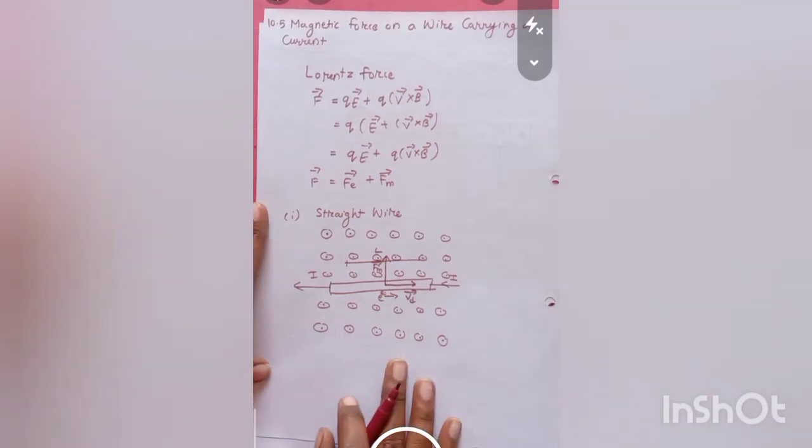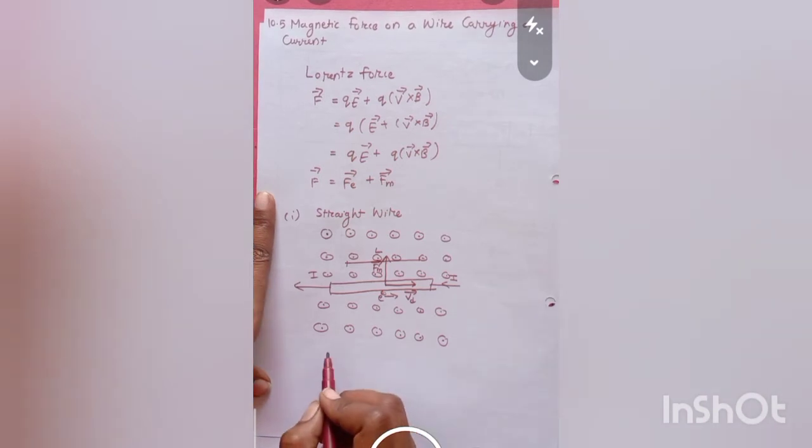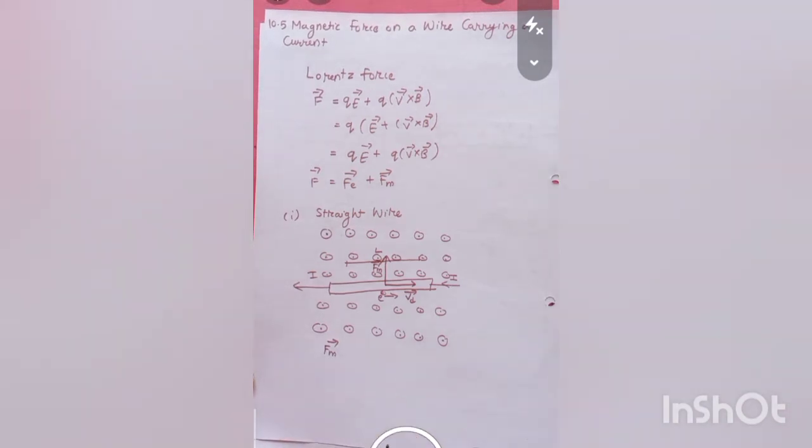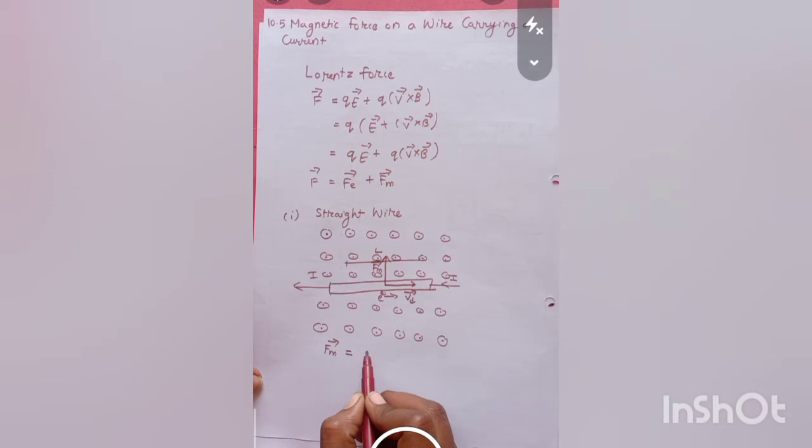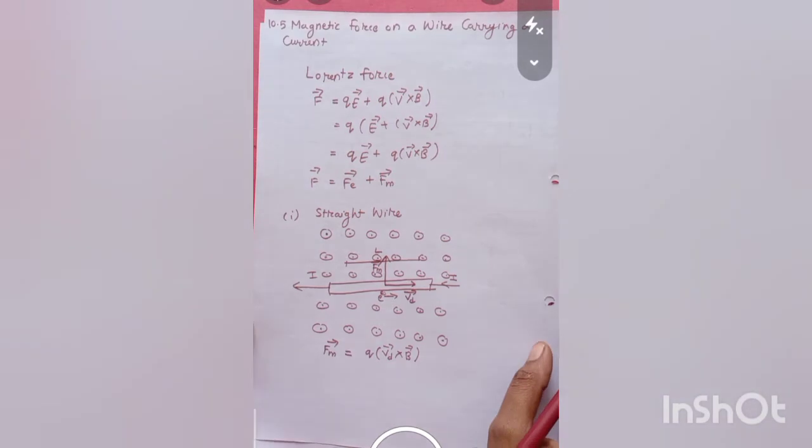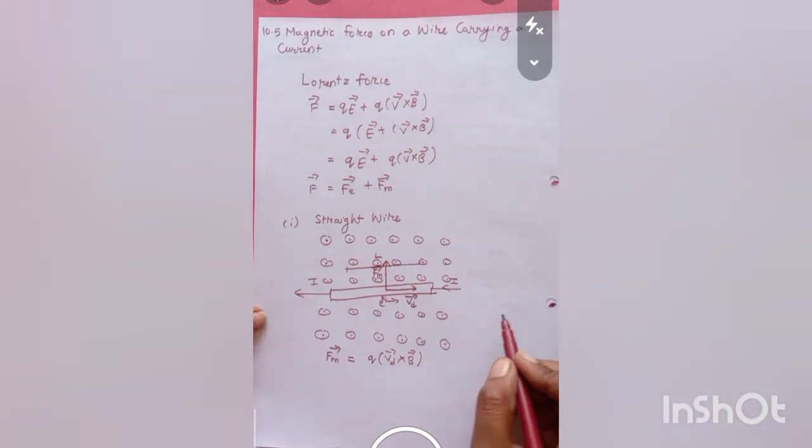Due to this magnetic field, the magnetic force on this charged electron will be given by Fm equals Q V cross B. Here V is the drift velocity, cross vector B. Velocity is nothing but displacement upon time.